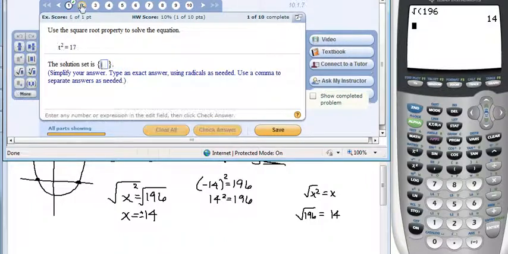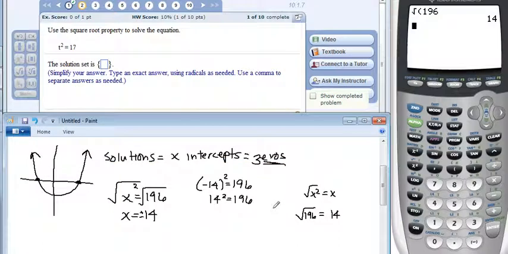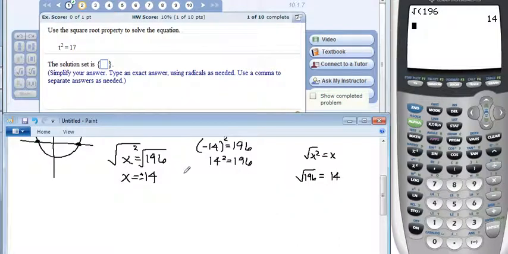Okay? What about something like this? t squared equals 17. Well, again, I've got a square, so I'll square root both sides. The square root of a square is itself. And what about this thing? Well, 17 is prime. So we're finished.